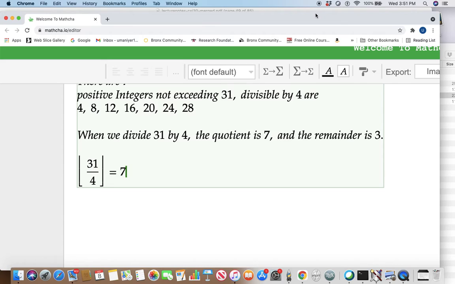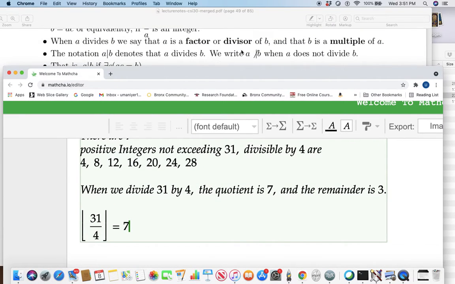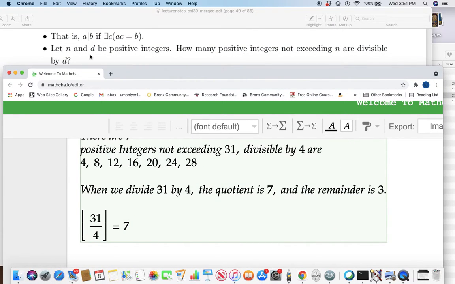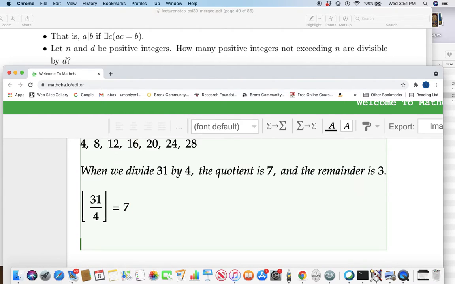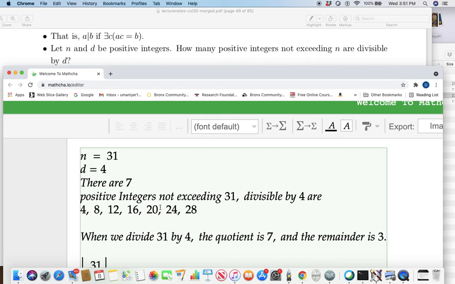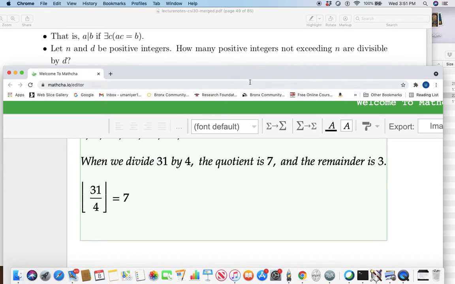You understand? So the question here, let n and d be integers. So n was 31, remember? d was 4. This is just an example.